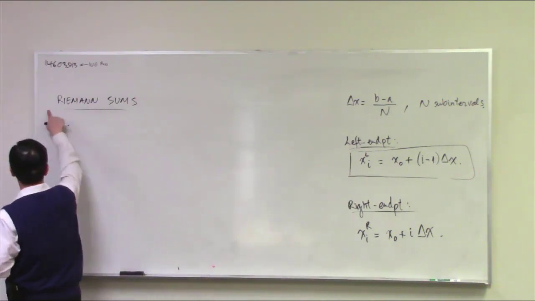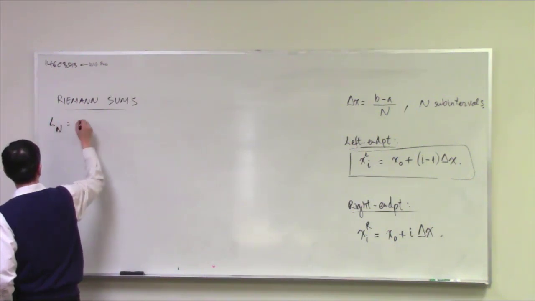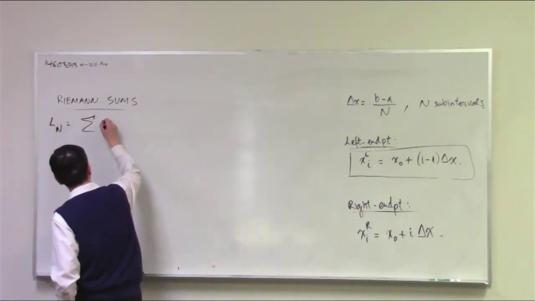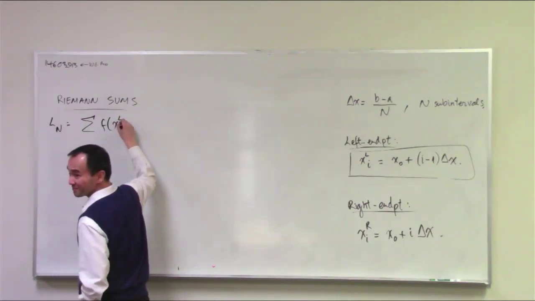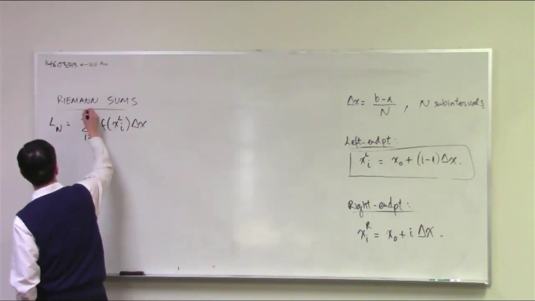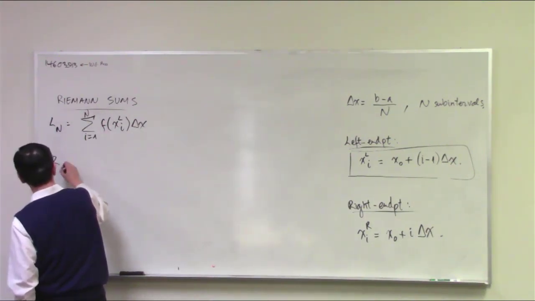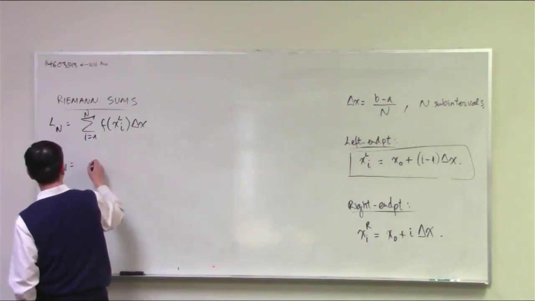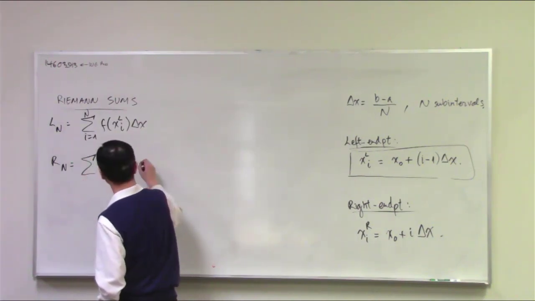For the left endpoint, the Riemann sum is the function at the left endpoint on any i-th interval, multiplied with delta x, i indexing from 1 to n. And then for the right endpoint Riemann sum, we're looking at the function value evaluated at the right endpoint on each i-th interval, multiplied with delta x.